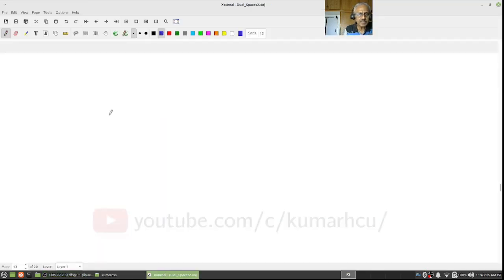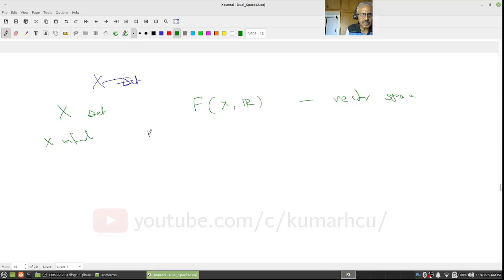Now let's look at a very general case. Suppose I have a set X. X is a set. Let us look at all functions from X to R. We know this is a vector space. If X is infinite, then F(X, R) will be infinite dimensional.